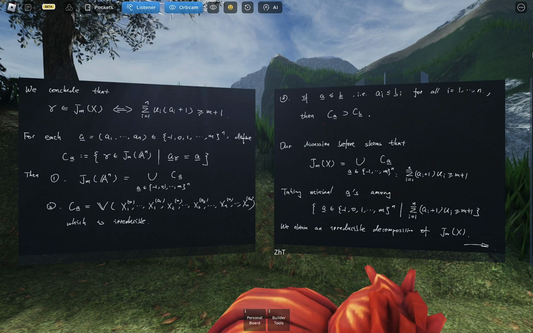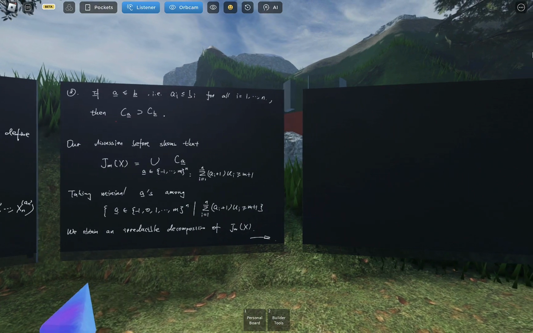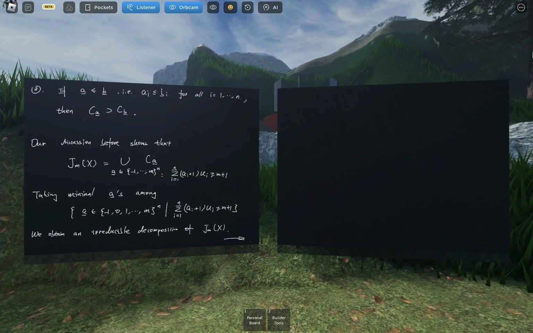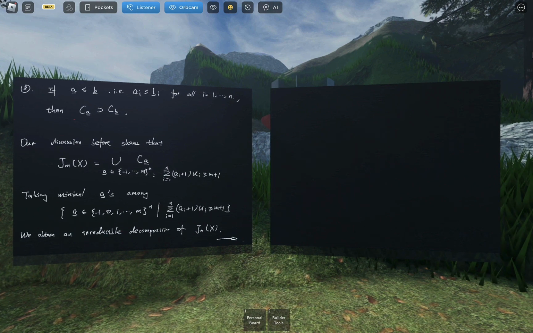Yeah. So, no question about this proof. Then let's have a look at some consequences of this theorem.